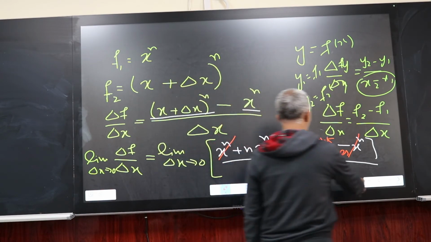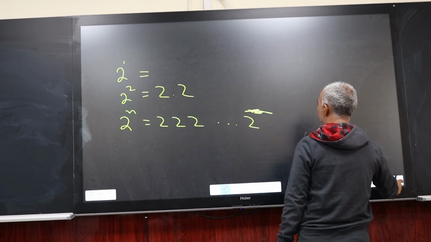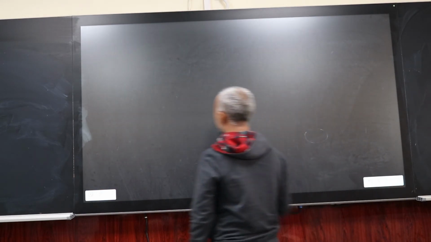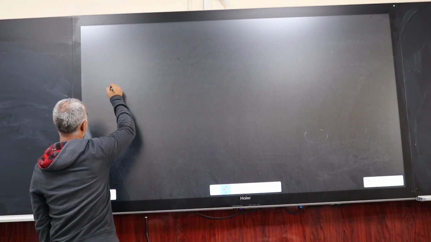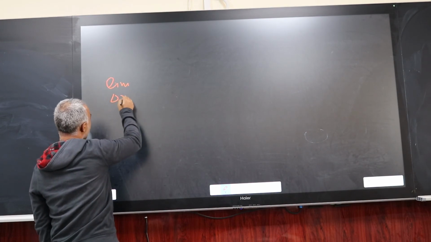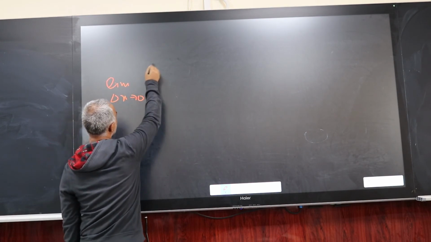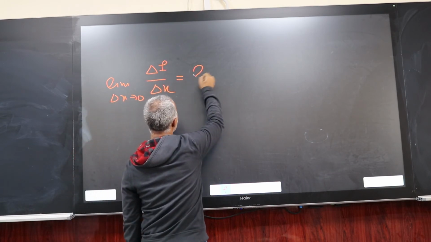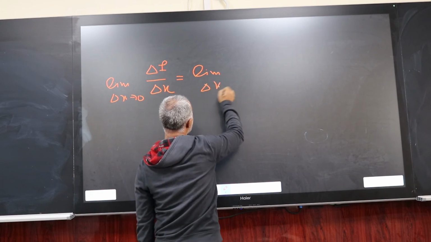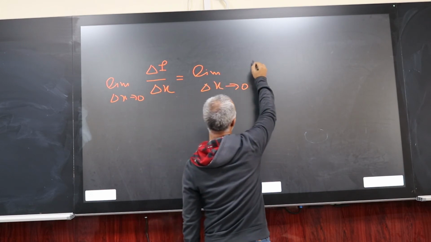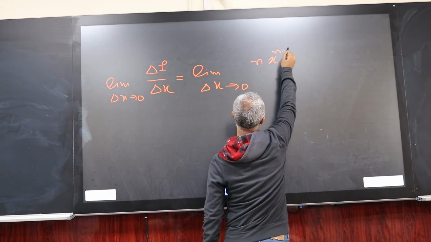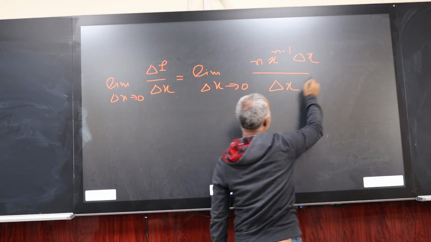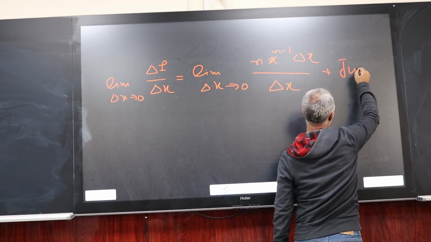So, limit delta x approaches 0, n x to the n minus 1 delta x divided by delta x plus junk values.